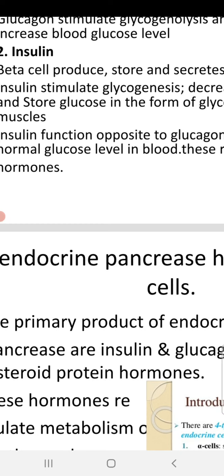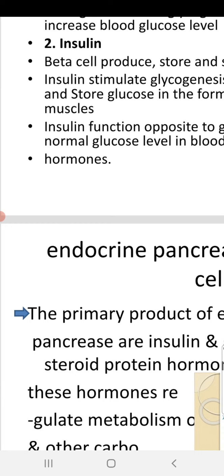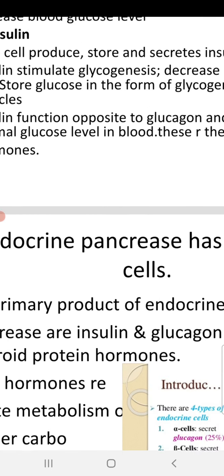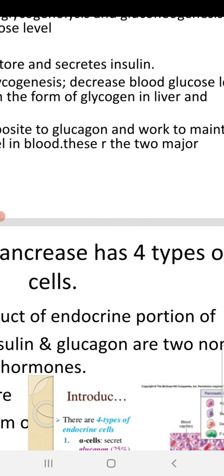So whenever the person is hungry or needs energy, that stored glycogen will be broken down through glycogenolysis, and it will be released into the blood to maintain the blood sugar level. So extra glucose will be stored in the form of glycogen with the help of insulin.